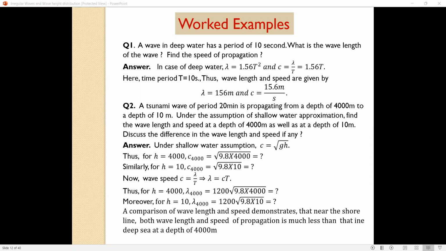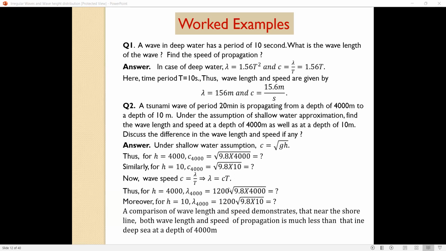Depending on the same wave, when it is propagating to a depth of H is 10 meter, then approximating 9.8 as 10, root of 10 into 10 gives you 10 meter per second. The wavelength will be 12 kilometer here.